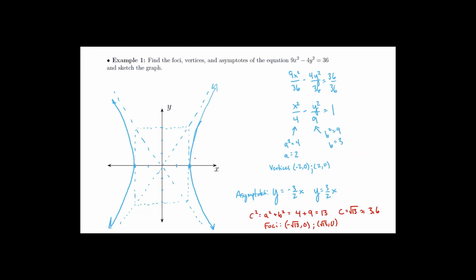And so if this is 1, 2, 3, 4, so about 3.6 is going to put me right about there. And then back, -3, -4, so -3.6 puts me right about there. So we always remember to graph the foci because that's a part of the graph of a hyperbola.